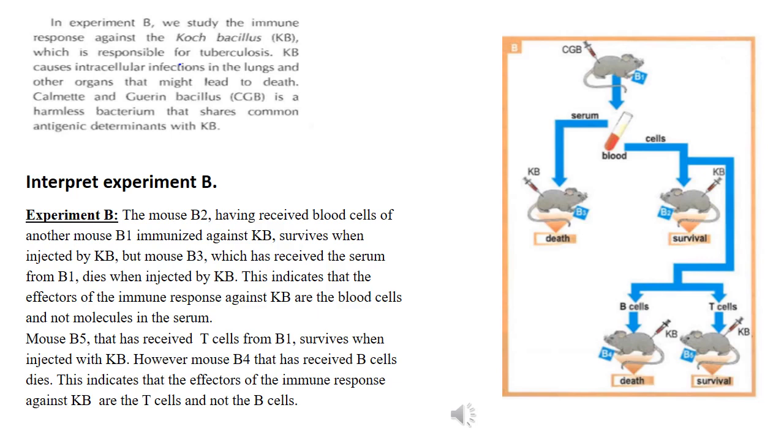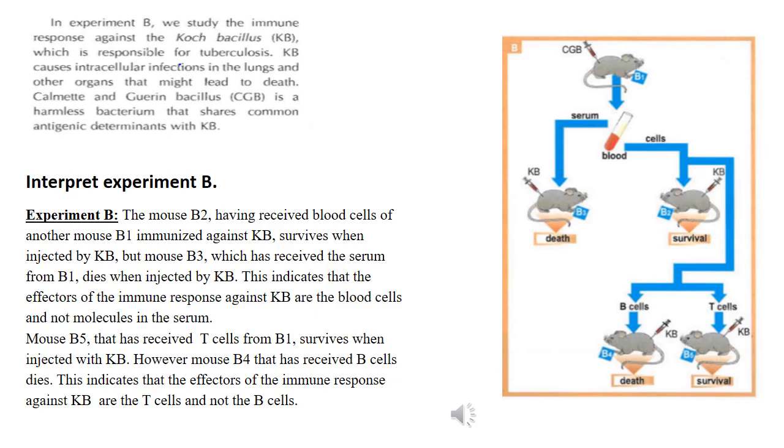Then, this shows that the effectors of the immune response against Koch bacillus are the blood cells and not molecules in the serum like we saw in experiment A. Mouse B5 that has received T cells from B1 survives when injected with KB. However, mouse B4 that has received B cells dies. This indicates that the effectors of the immune response against KB are the T cells and not the B cells.